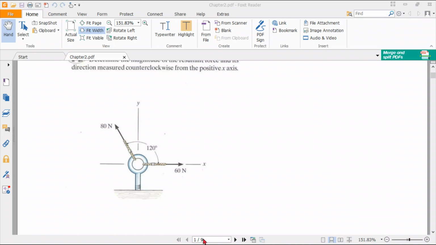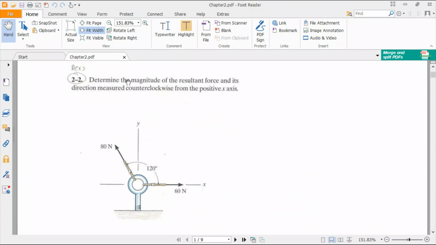Okay, so let's continue with problem 2.2. The problem is like this: determine the magnitude of the resultant force and its direction measured counterclockwise from the positive x-axis.